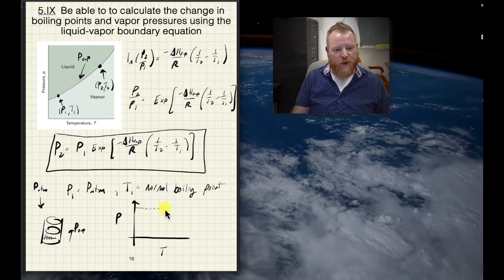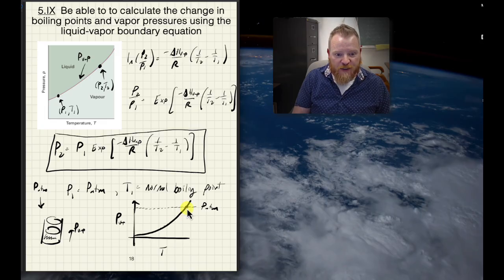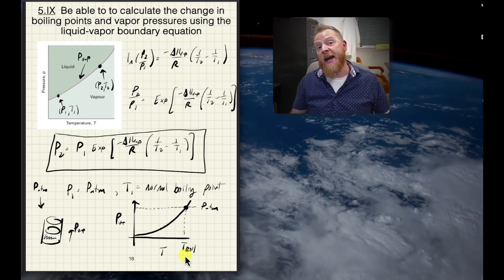If let's say atmospheric pressure is way up here, P atm, you can see there's an exponential increase in this curve, right? So anything along this line would just be the liquid in equilibrium with its vapor, or in other words, my vapor pressures. As soon as I hit atmospheric pressure, that would correspond to my normal boiling point, okay?